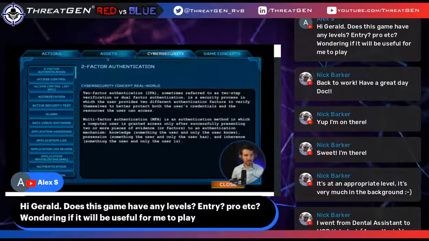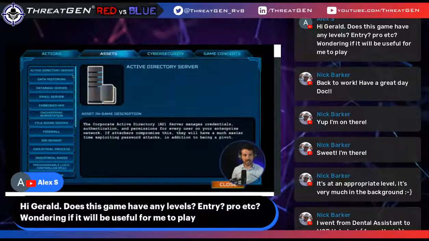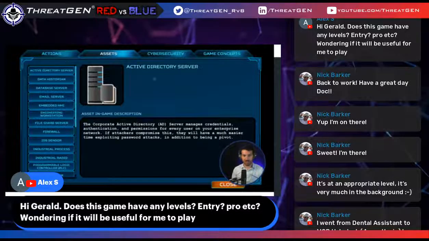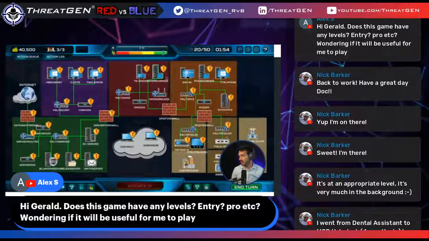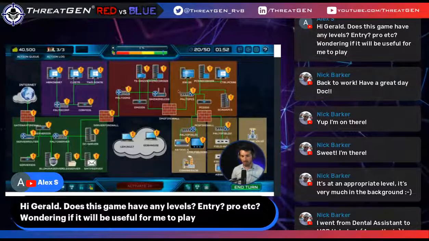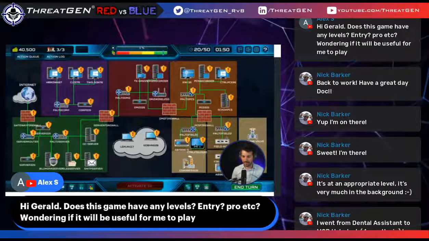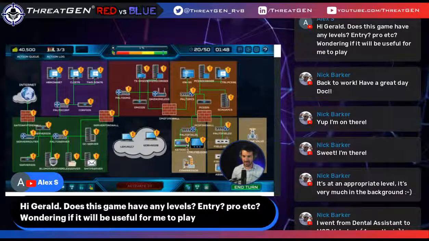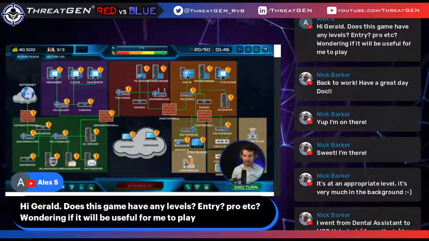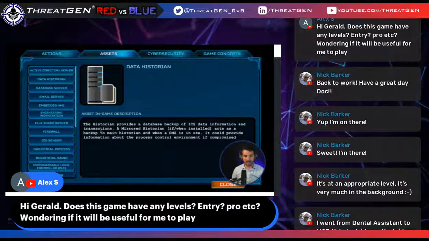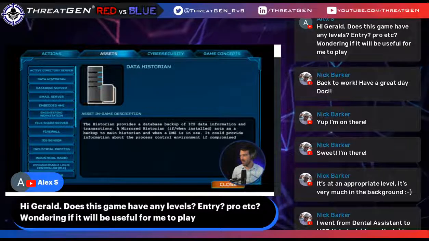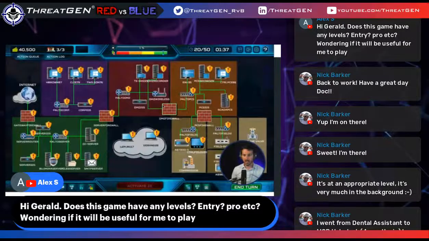And it's categorized by these different assets, right? For me, I don't natively work in an oil and gas pipeline environment, so things like HMIs and data historians don't really make a lot of sense to me. So I can use the assets to understand a little bit more about it. So it gives you that learning capability.